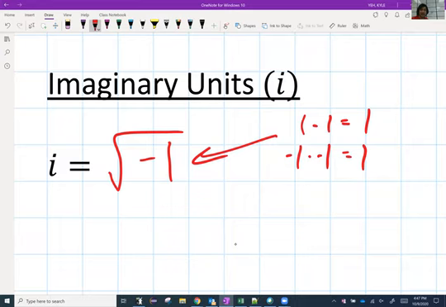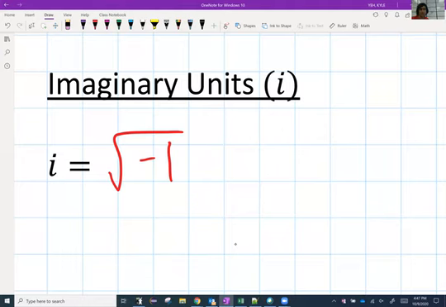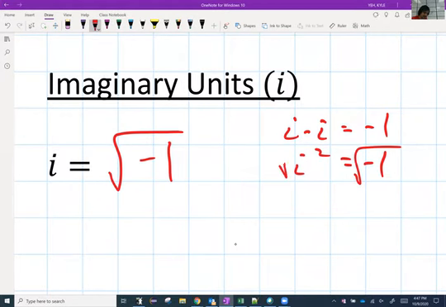So we can never get a negative when we square something. And the first person said, leave it to me. I'll just make up a new imaginary unit, i. And we're going to say that i times i equals -1. In other words, i squared equals -1, which means we could square root both sides and just say that the square root of -1 is i.